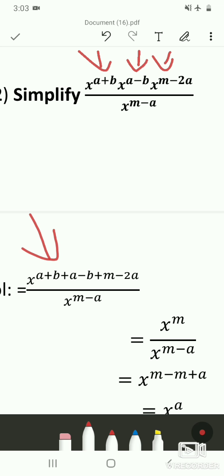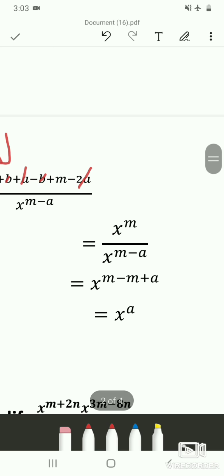So here in this step you can see this b and this b gets cancelled, and a plus a is nothing but 2a. So this 2a and this minus 2a gets cancelled. So we'll be remaining with x raised to m whole divided by x raised to m minus a. So again we can use the second law when the bases are same.